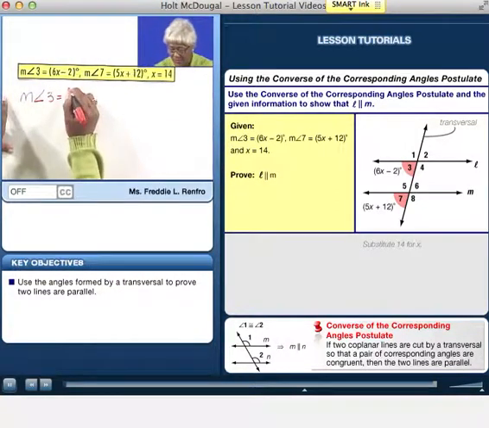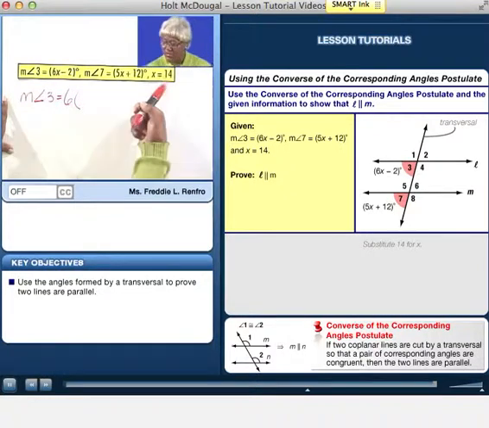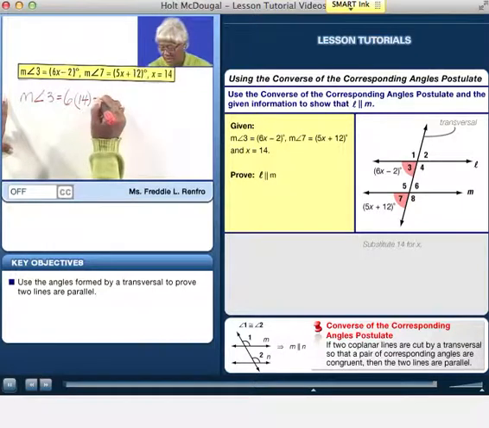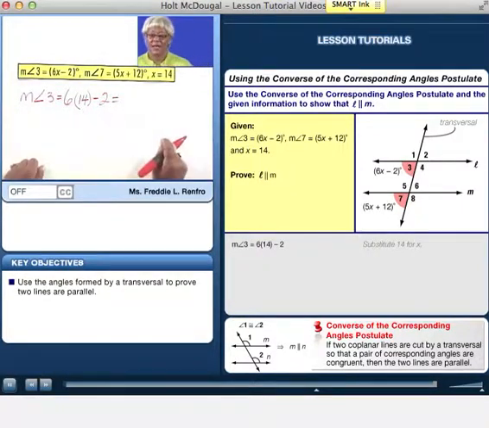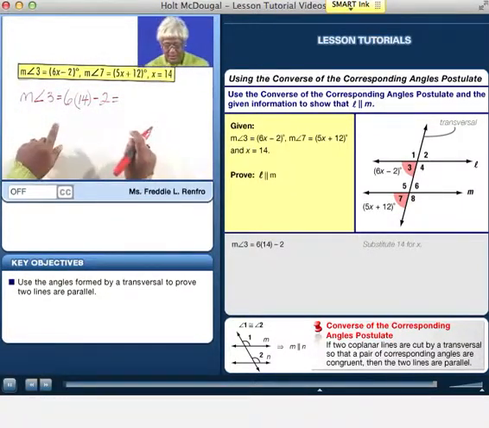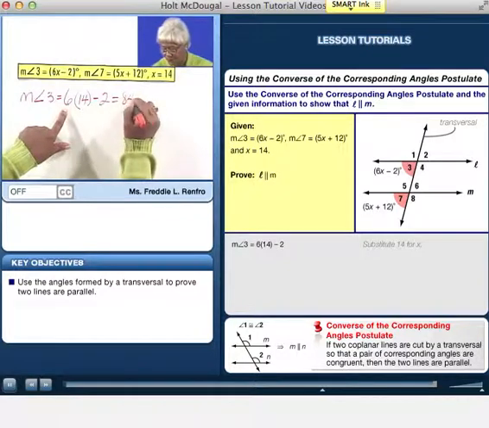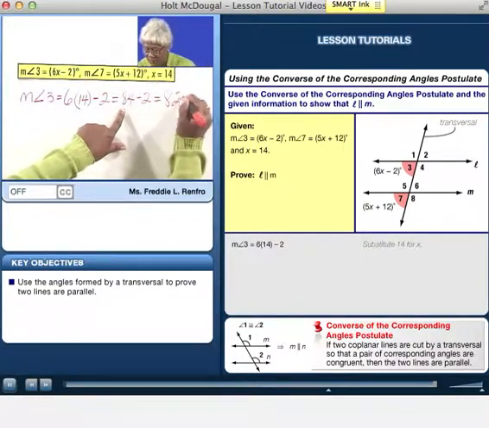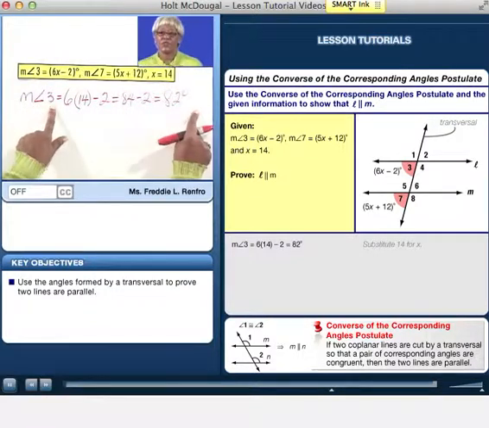So that's equal to 6 times 14, minus 2, and let's simplify that. 6 times 14 is 84, minus 2, and then we find that the measure of angle 3 is 82 degrees.